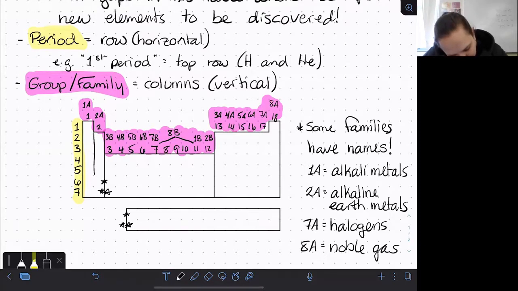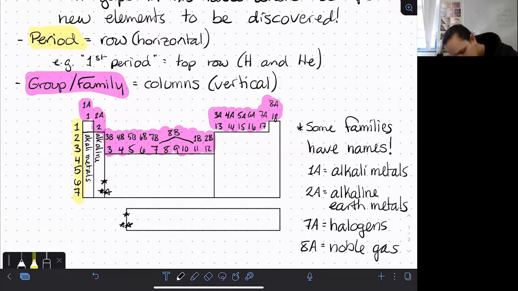So just to write those in here, this column, excluding hydrogen technically, is the alkali metals. This is the alkaline earth metals.